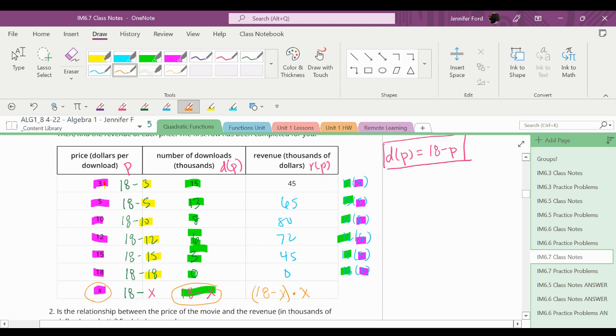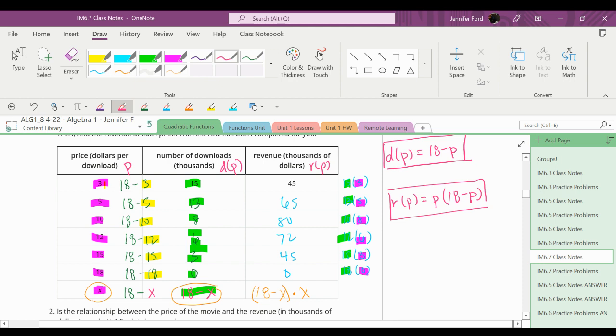And I can clean this up a little bit. So for my R of P, it's going to be X, except that my input is P, so it's going to be P times 18 minus P.